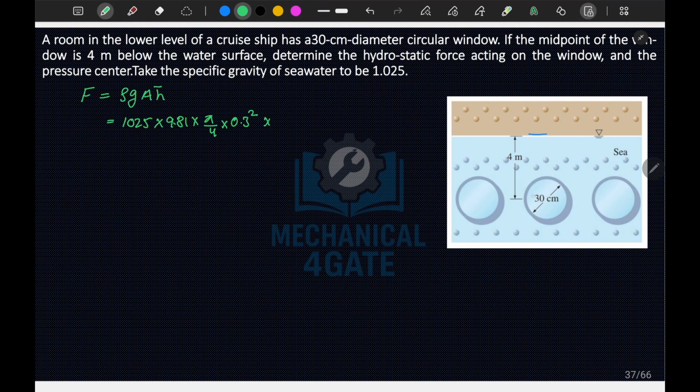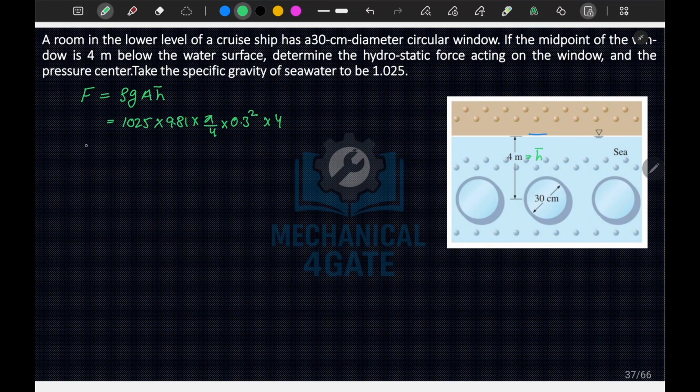H bar is given as this 4 meters. So let me multiply these terms: 1025 into 9.81 into pi, that is 3.142, divided by 4, into 0.09, into 4.